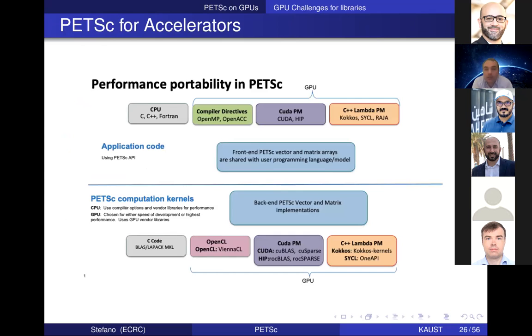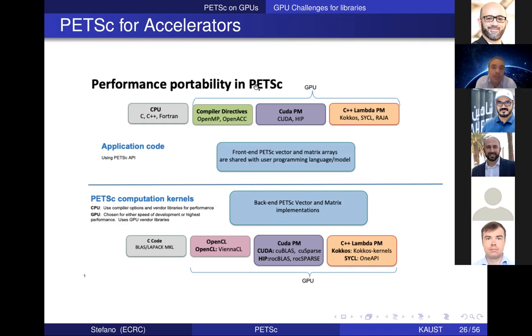This picture summarizes our vision in terms of performance portability in PETSc for the future, because the new DOE machines coming in the next years will make use of different hardware like AMD or Intel hardware, and you want performance to be portable across architectures, as Hatem was discussing in the previous talk. On top of the picture there is the application.